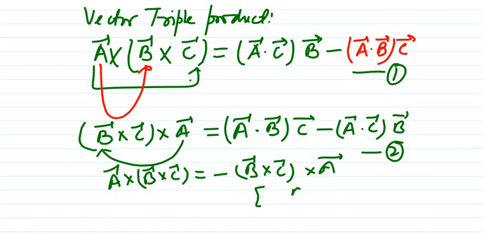Means if you take the two vectors P and Q, so P cross Q is equal to minus Q cross P. Okay. You can also explain in this way. But according to the definition of the cross product of three vectors, you can explain this one.